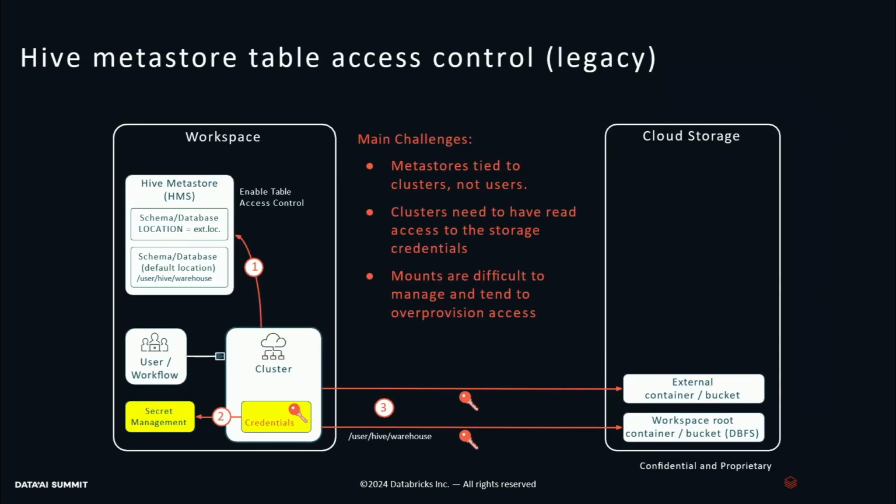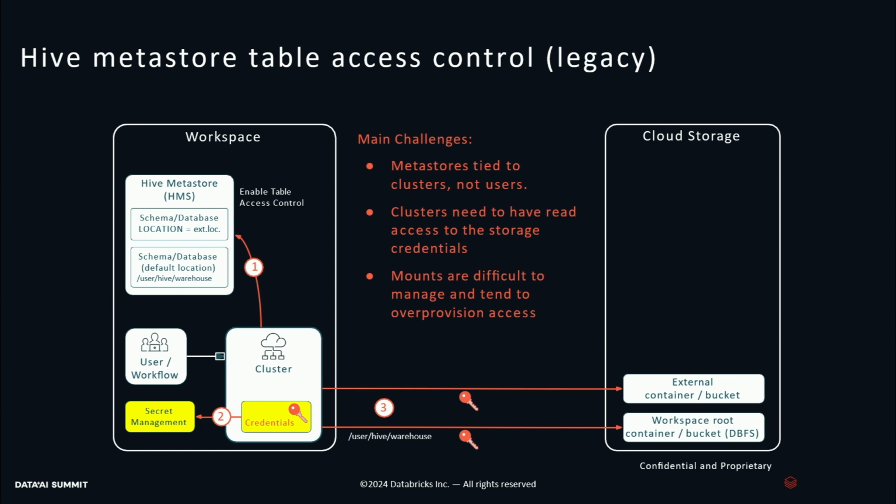The first thing is Hive metastore table access control. Prior to Unity Catalog, as you can see in this diagram, each Databricks workspace was deployed with a built-in Hive metastore which was tied at the cluster level, not at user level. So any user who had access to the cluster could get access to all the data managed by the built-in Hive metastore, because there was no data isolation available, and this posed a great security concern for us.